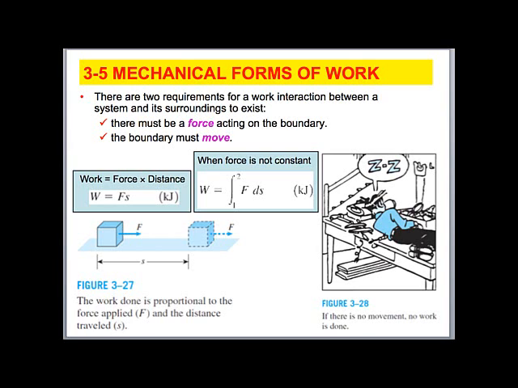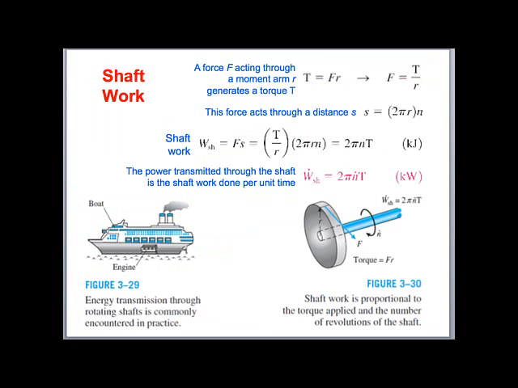He's not working. He's not moving. He's not exerting a force. One example of that is shaft work. Shaft work is when we have energy transfer, in this case from an engine to a propeller that drives and provides propulsion for this boat.